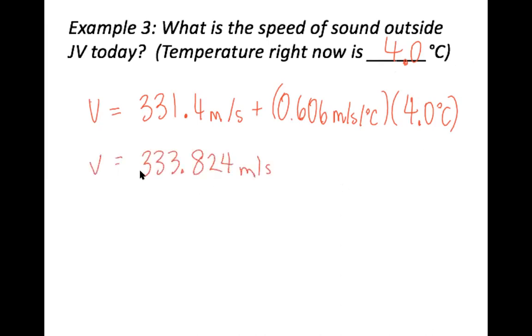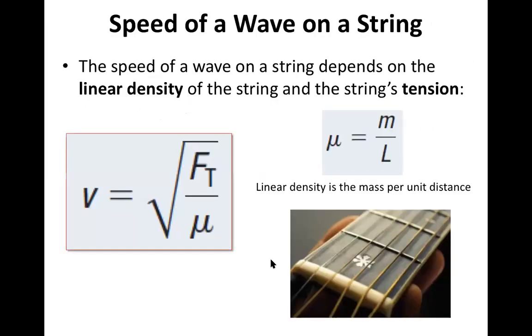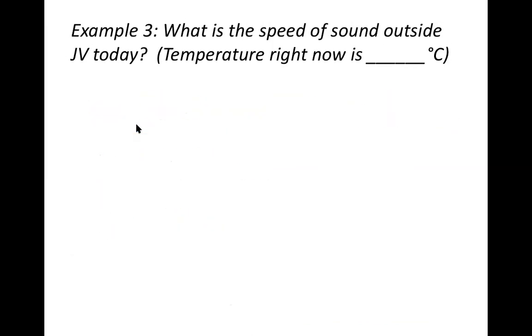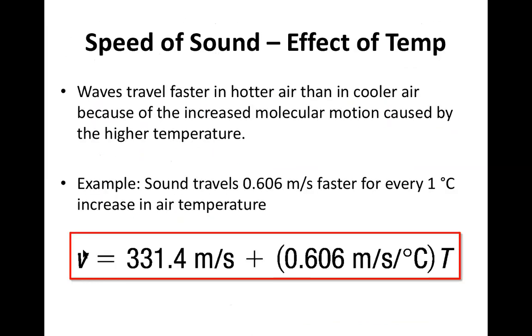That calculates to be, on our calculator, 331.824 meters per second, which gives us a final answer of 330 meters per second when you consider the significant figures. So just to reiterate, this equation is for sound based on temperature.